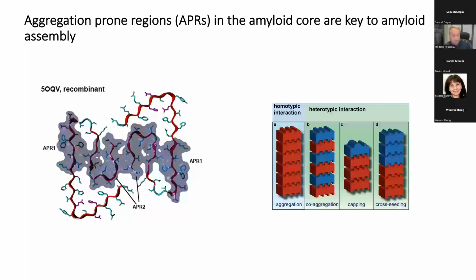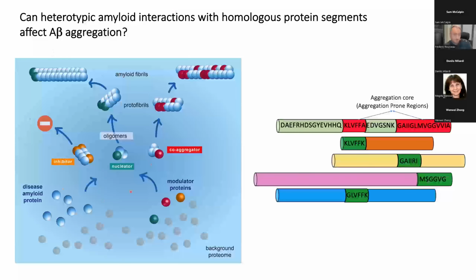You can then imagine different types of interactions: self-aggregation, self-assembly, but also co-aggregation, capping, or cross-seeding. So the problem can be simplified to this: take a protein, for instance A beta, which has two APRs. Can we find proteins in the proteomic background that have homologous sequences, not to the entire A beta sequence, but just to the APRs? And can those interact?